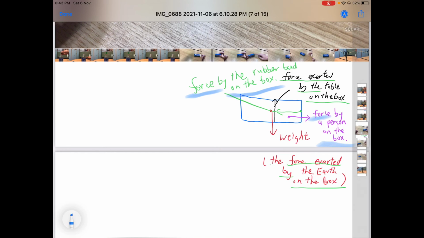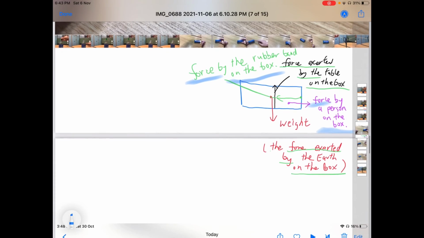What we are thinking about is what forces are added onto this blue box. We don't care about other things, so the format of the force must be the force by something on this blue box. The whole analysis for the vertical direction: the weight or the force exerted by the earth is cancelled out by the supporting force by the table, and then the force of the rubber band is cancelled out by the force exerted by the person on this box so that it will remain at rest.